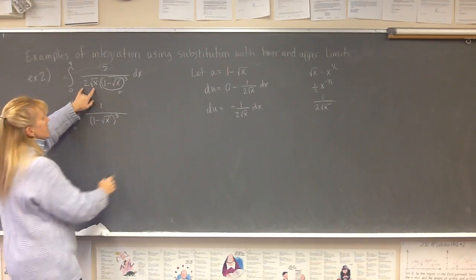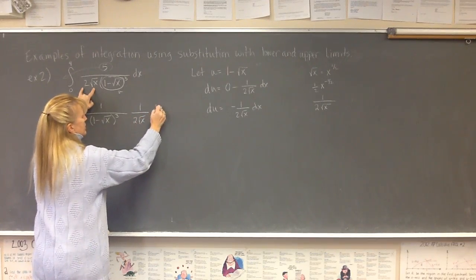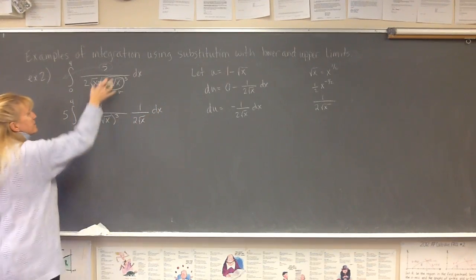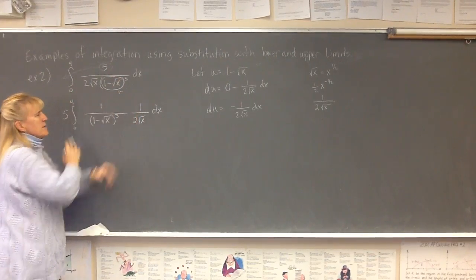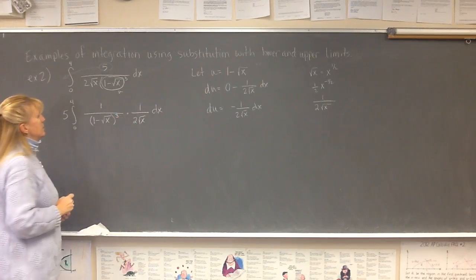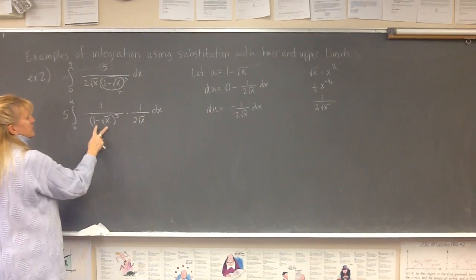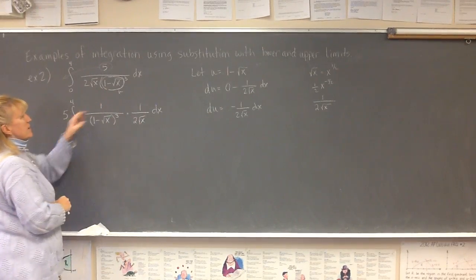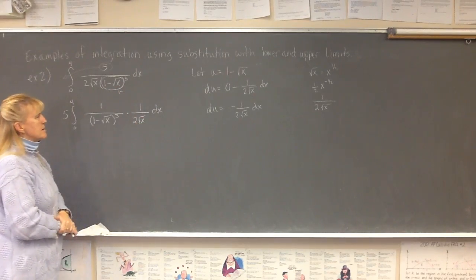And then I would like this 1 over 2 root x dx. So I'm basically just taking these two factors on the denominator, turning them around, and splitting my factors up. This is multiplication between here. So if I put it all together, can you see how the 2 root x would be first, and this would be second, and the 5 I already factored out to the outside, and my dx is just sitting there.